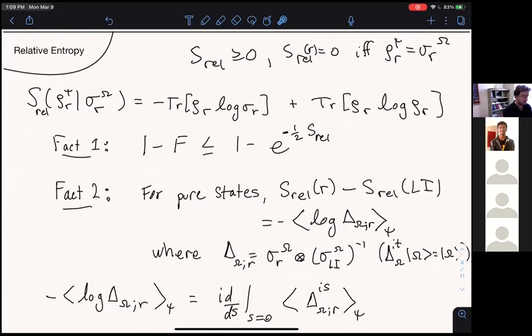If we use another one, are we going to get something stronger than what you're going to show us, like instead of S(sigma, rho), change the order of the states? Oh, I see what you're saying. Yeah, in principle, you could get a stronger, or you could get a different bound. The one I will compute is the one where the vacuum is in this right slot.